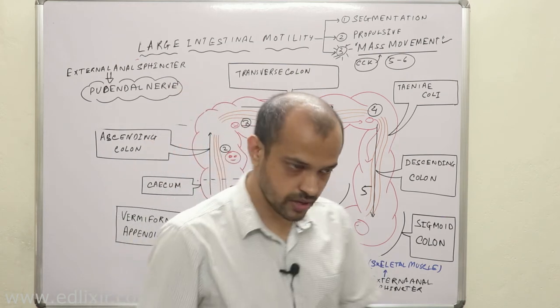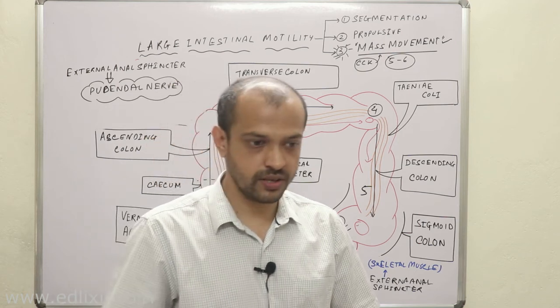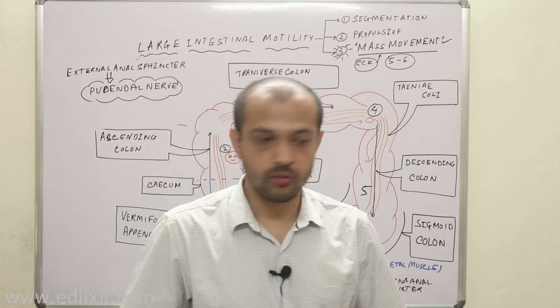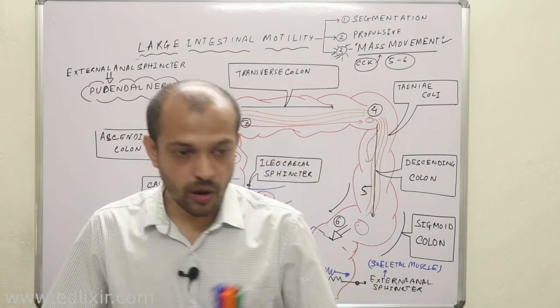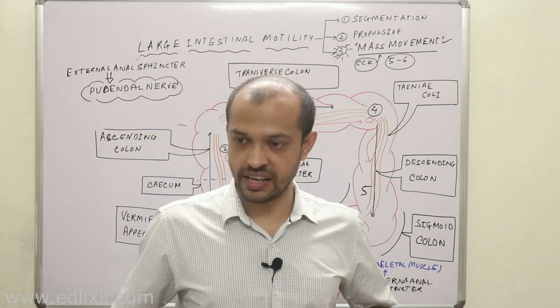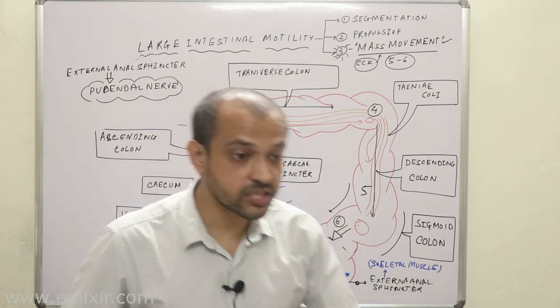Clear? Okay. Now we will be talking about two reflexes in short. One is the gastrocolic reflex, another is the orthocolic reflex. Now what is gastrocolic reflex? I have already told you that whenever food is present in your stomach, your large intestinal motility will start, right? This is called gastrocolic reflex.